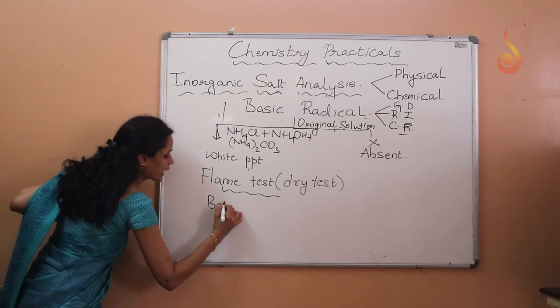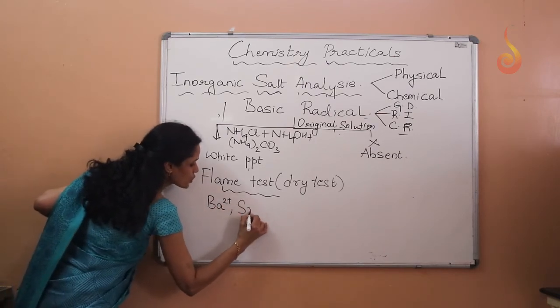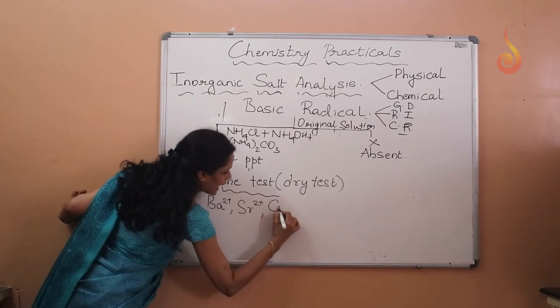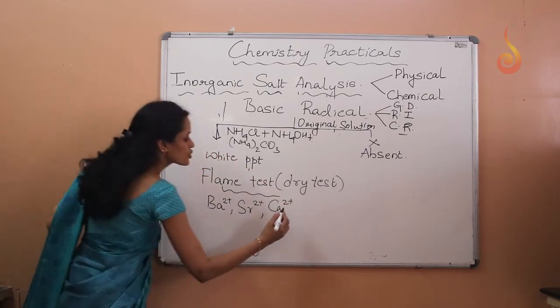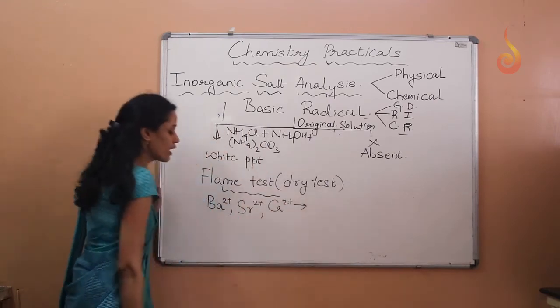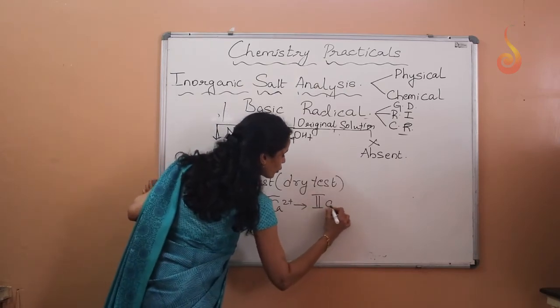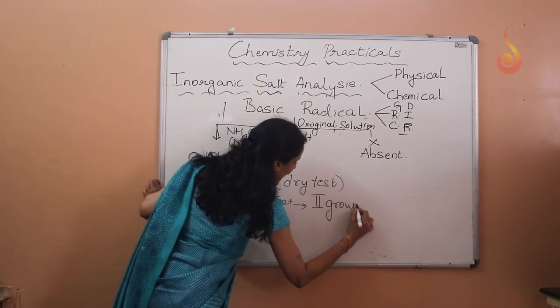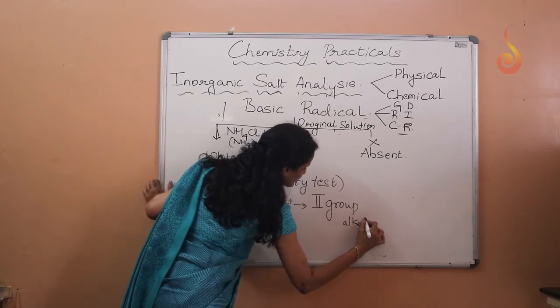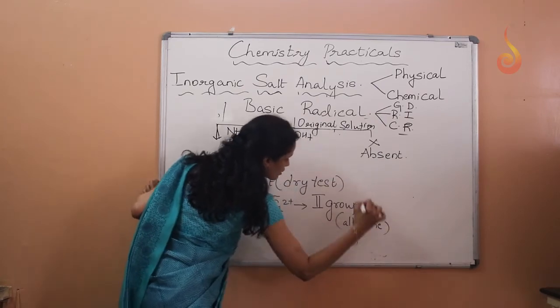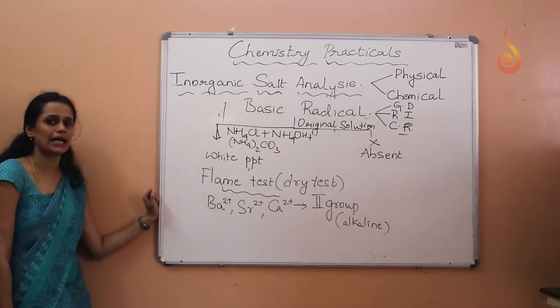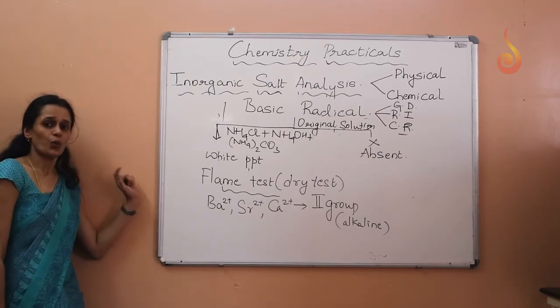So we know that barium ion, strontium ion and calcium ion belong to which group in the periodic table? They belong to the second group, nothing but alkaline earth metals.